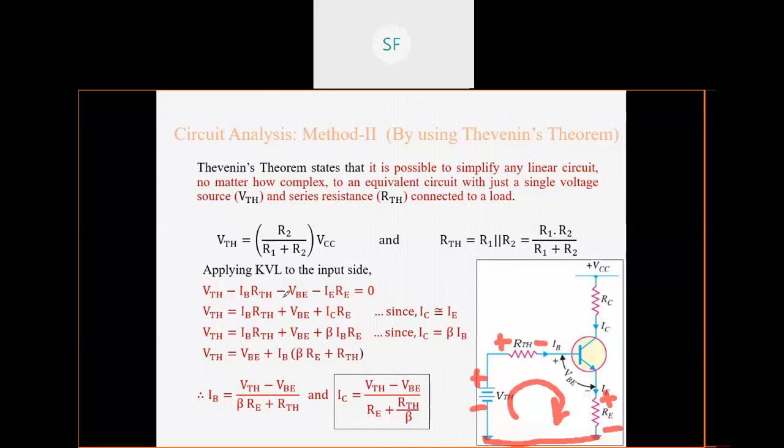Okay, then again third one is your VBE. Again you can observe we are moving like this, so last sign is minus, so VBE is also minus, and IERE, this drop is also minus: VTH minus IBRTH minus VBE minus IERE equal to 0. In this way we have applied KVL to the input side.